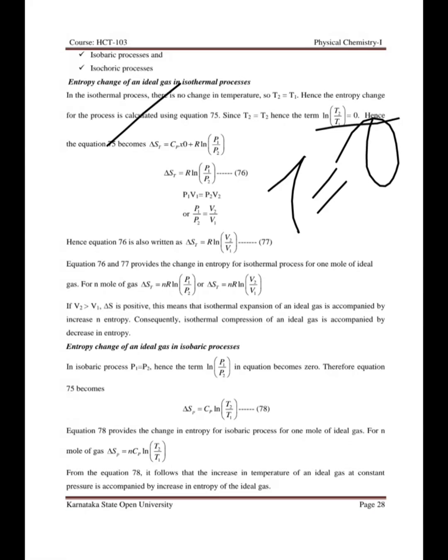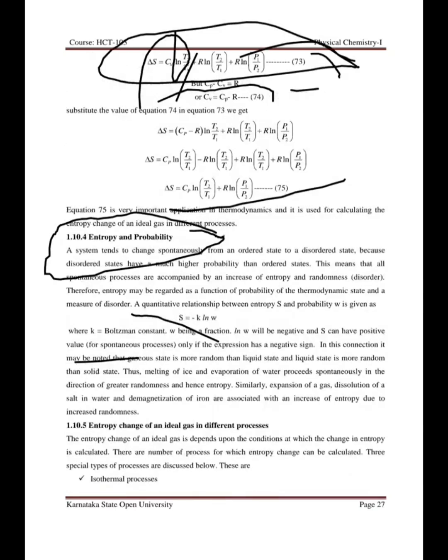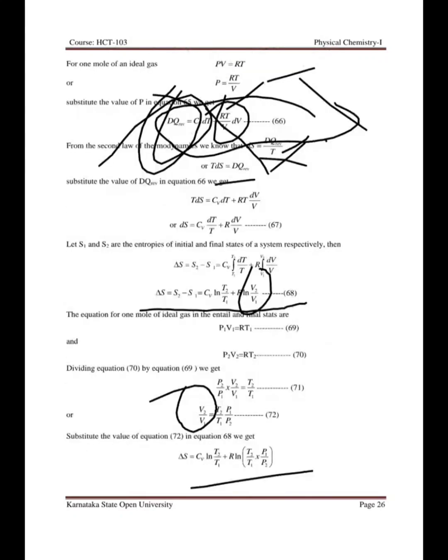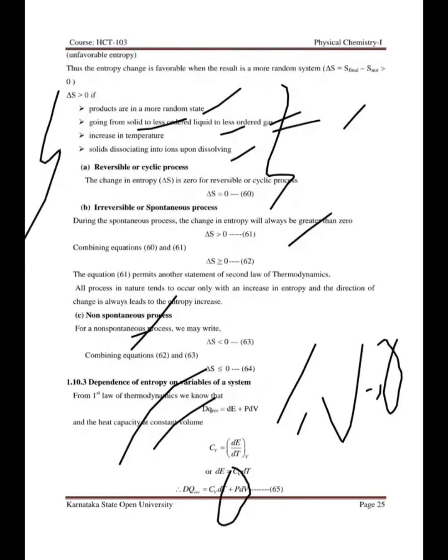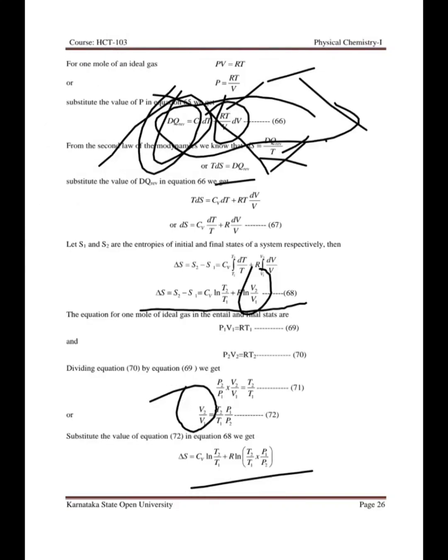For equation 75, from where we got this delta S, delta S is calculated for the entropy of the variable system.